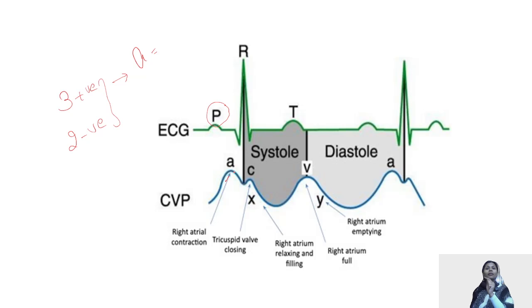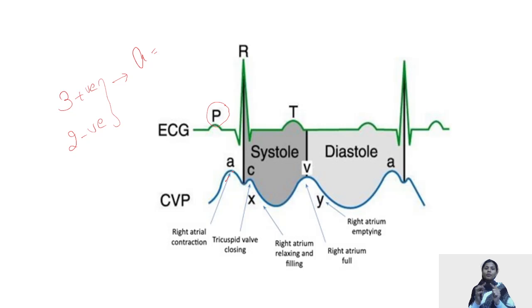Then followed by this, you have another positive upstroke, that is your C. And this C comes when your tricuspid valve bulges into your right atrium. At that point, again a positive C comes. Then the right atrium relaxes and the filling of the right ventricle occurs. At that time, you have the X descent.